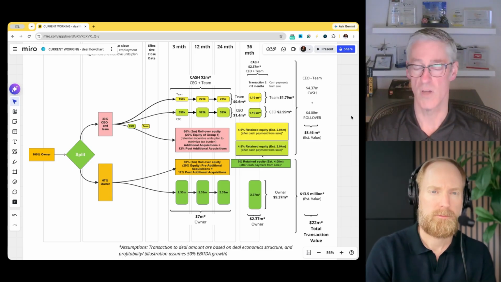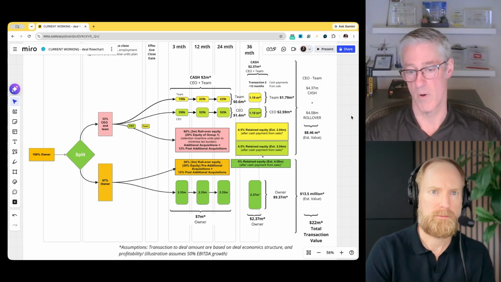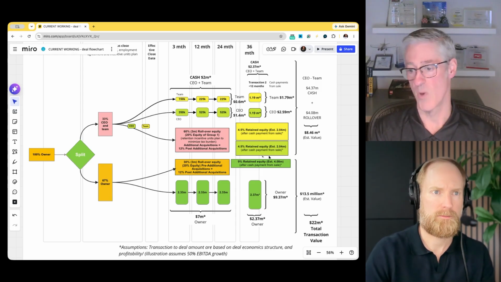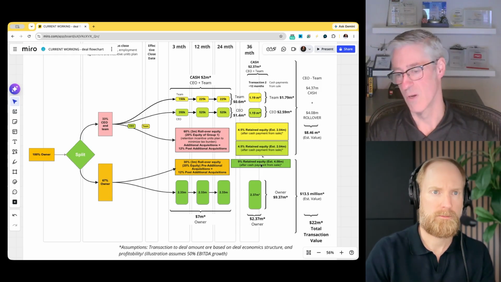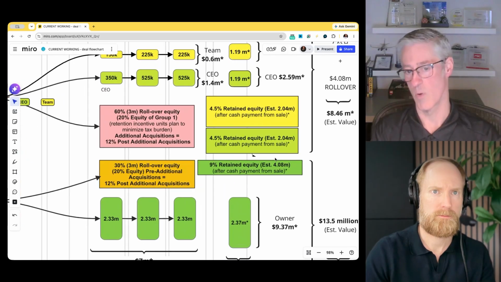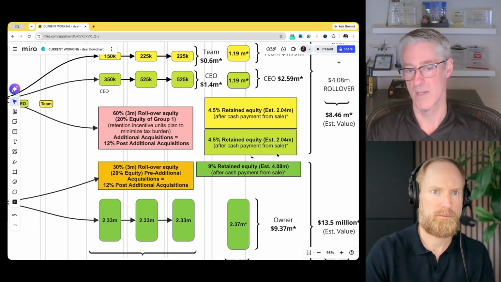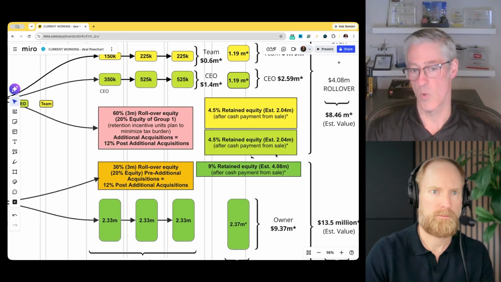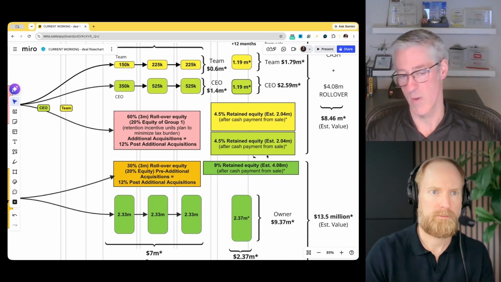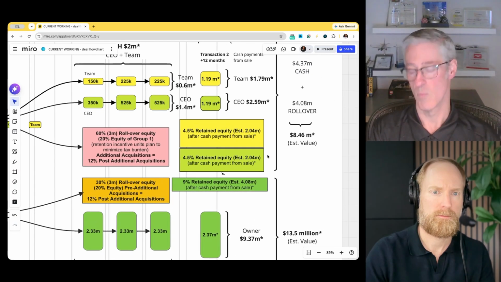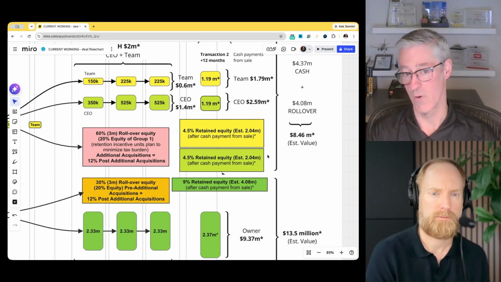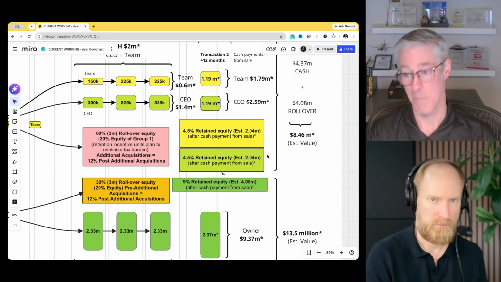And if you look under the hood here, you see that essentially both the original owner, the original seller, and the management team were retaining effectively 9%. You'll see that we had diluted them down to 12% in this model. 75% of their consideration was retained and held over post the cash payments from the sale.